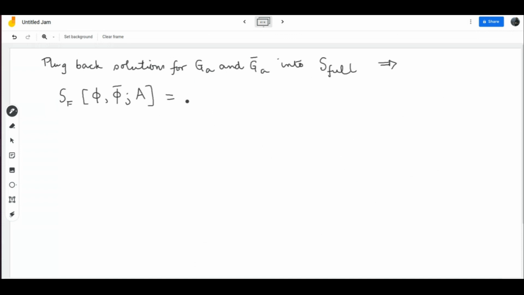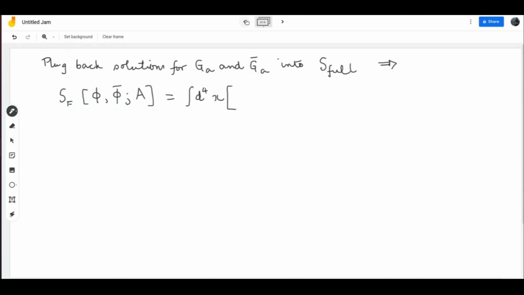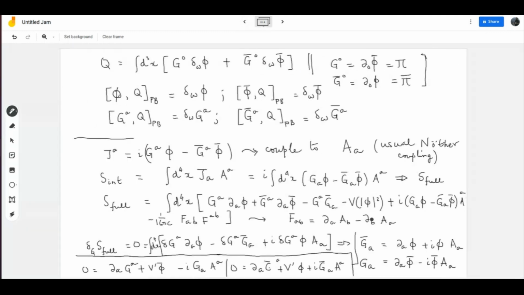I should work it out. So I have to see this. G A is this and G bar A is this, right? So let's substitute that.